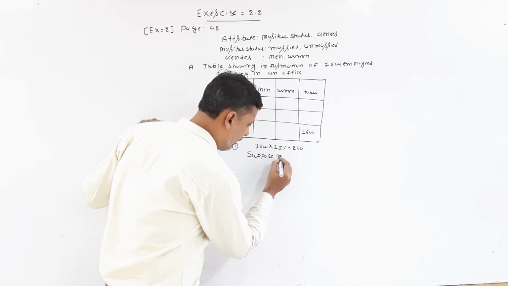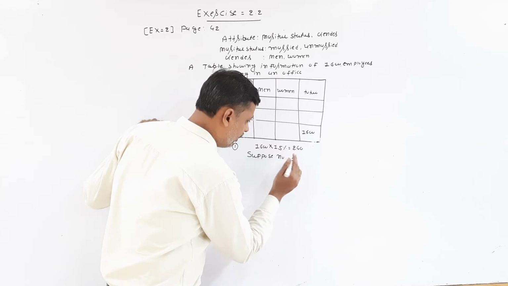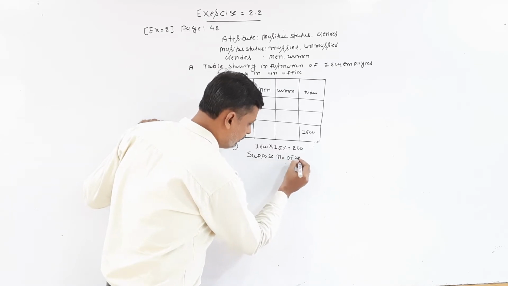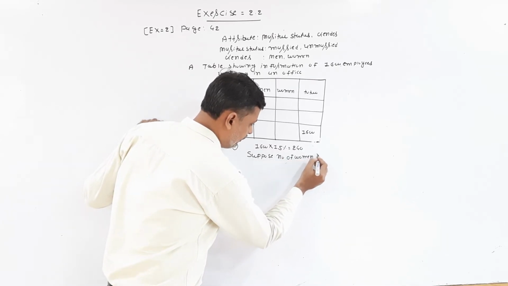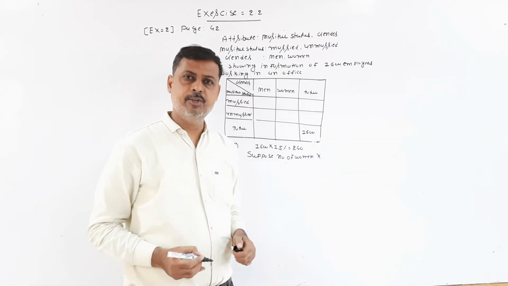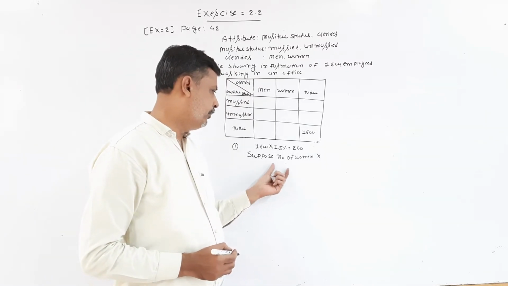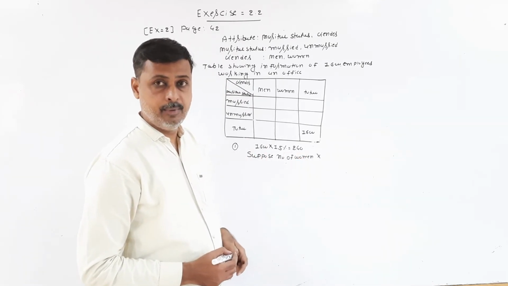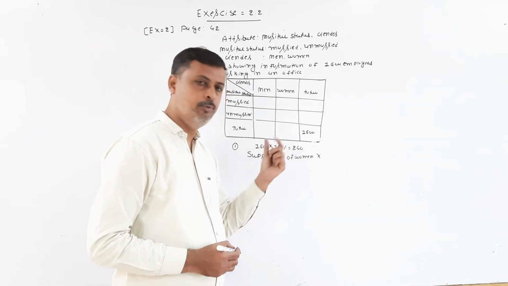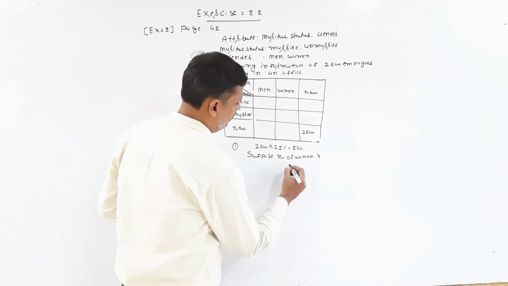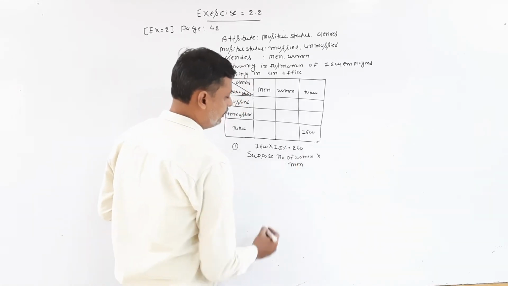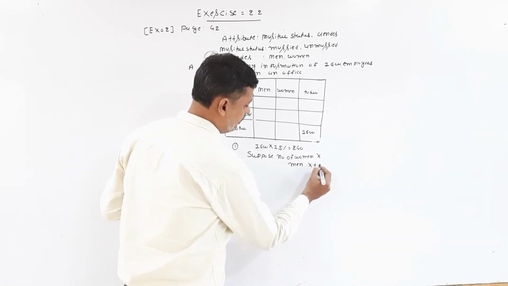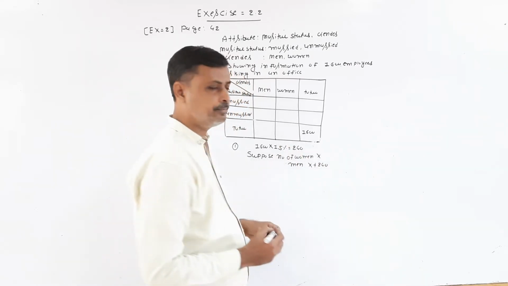Suppose the number of women is x and men is 15% more. 15% is 240. So the number of men is equal to x plus 240.